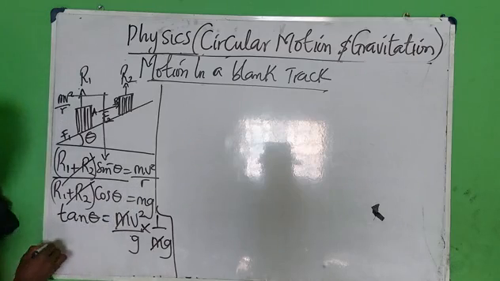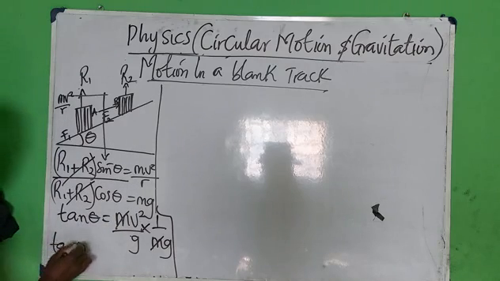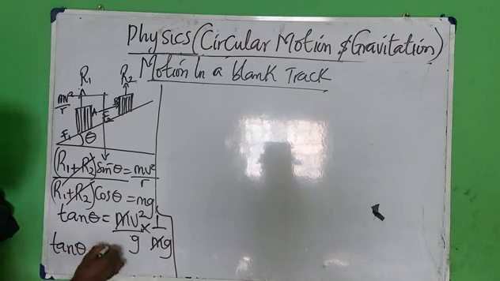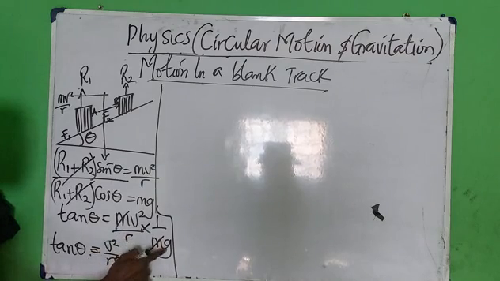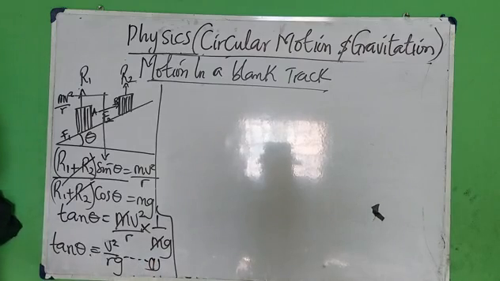It therefore means that our tan theta now equals v squared over rg. Is that not correct? V squared times 1, we have v squared. So r times g is rg. This is equation 1.